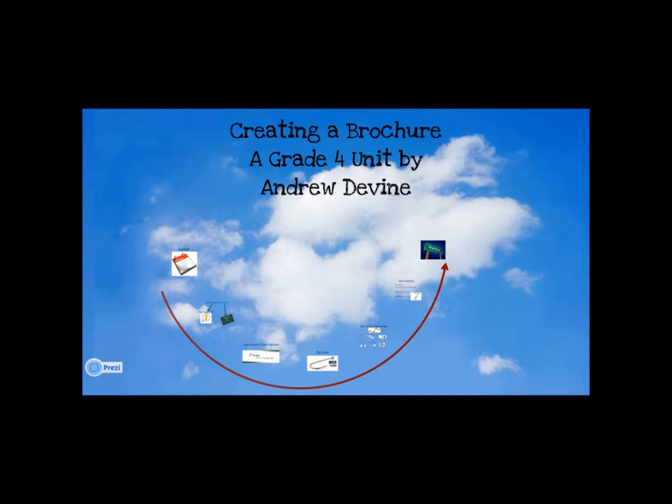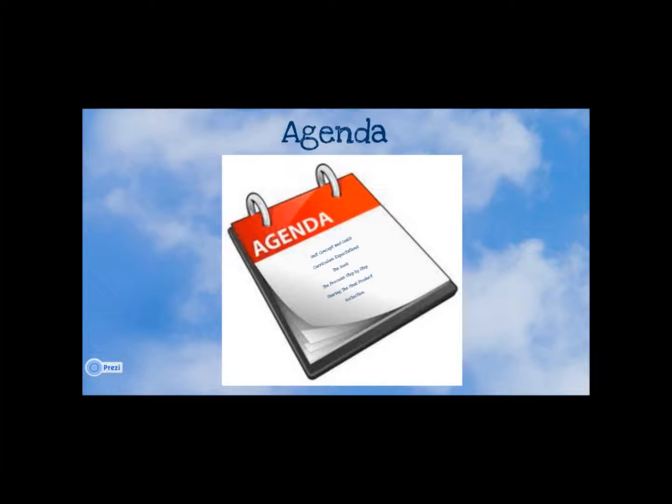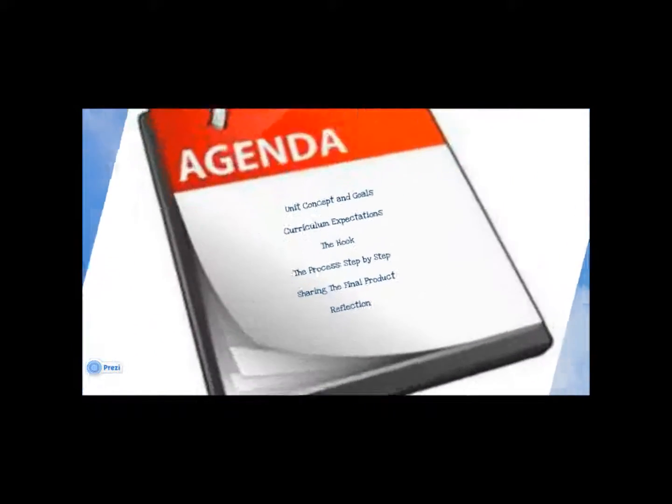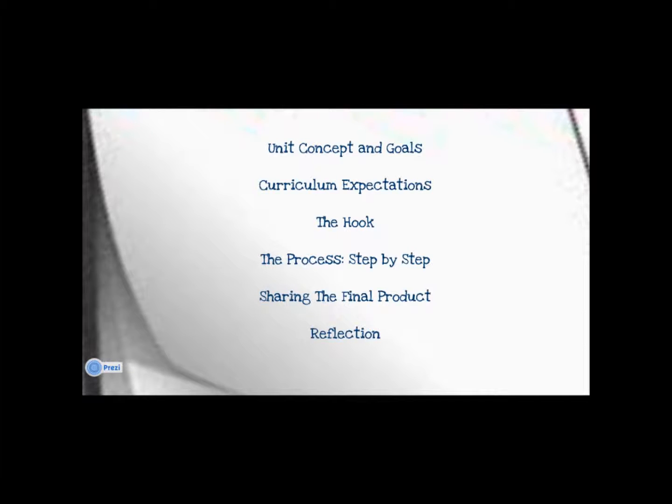For starters, we will begin by looking at the unit concept and the goals that were hoped to be accomplished over the course of the unit. Following that, we will discuss and briefly review the curriculum expectations. Next, we will explore the initial hook that kick-started this unit way back in the beginning of internship and understand how it related to the overall process.